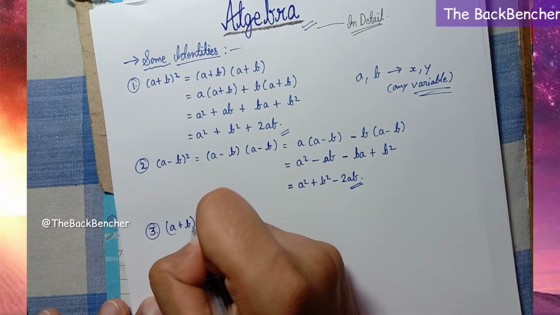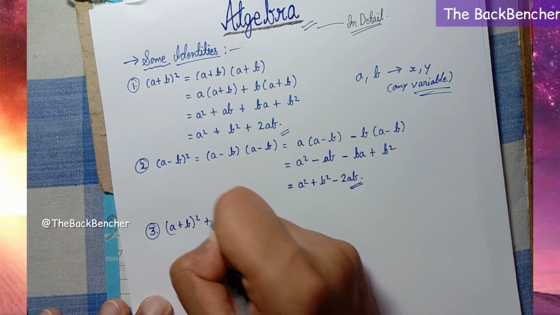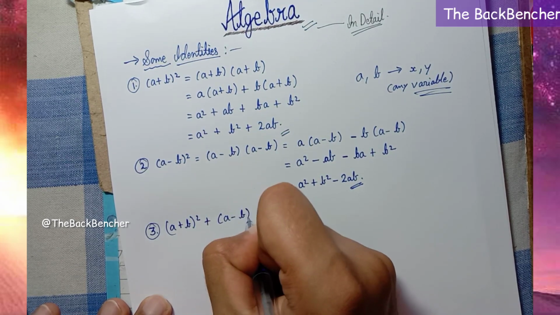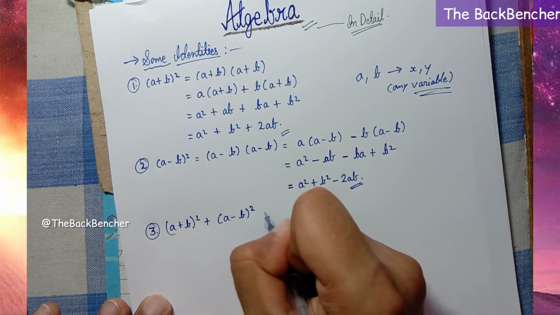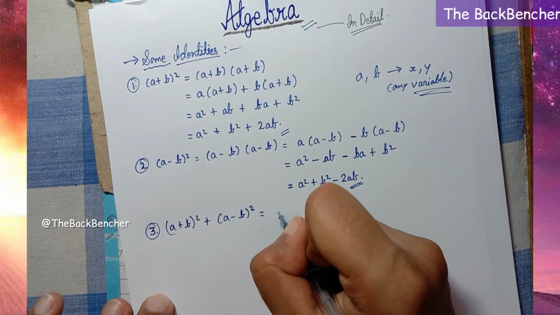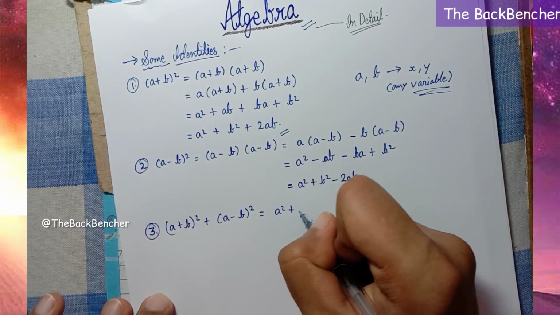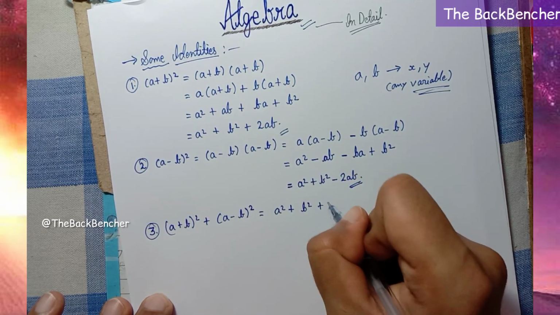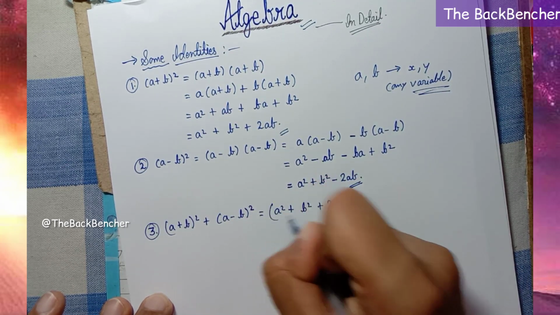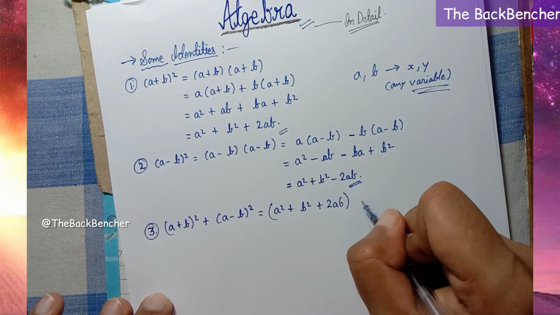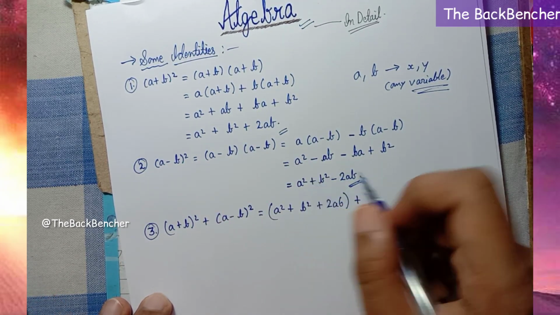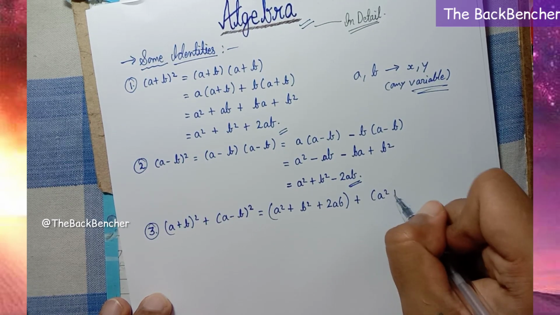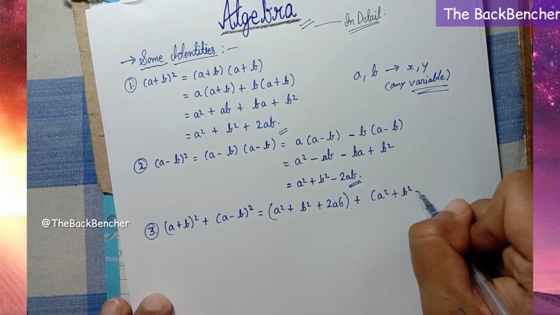After adding the first and second equations, a plus b whole square plus a minus b whole square, you will get a square plus b square plus 2ab, as written above, and a minus b whole square is a square plus b square minus 2ab.